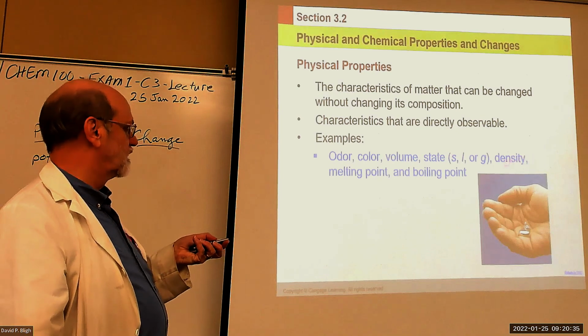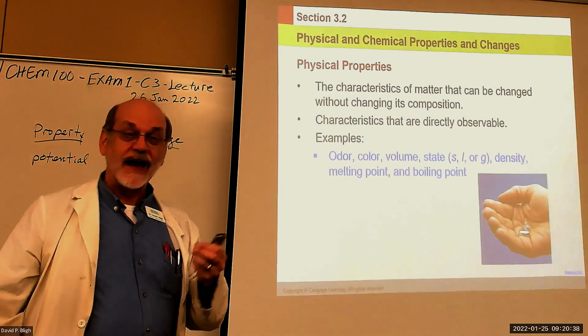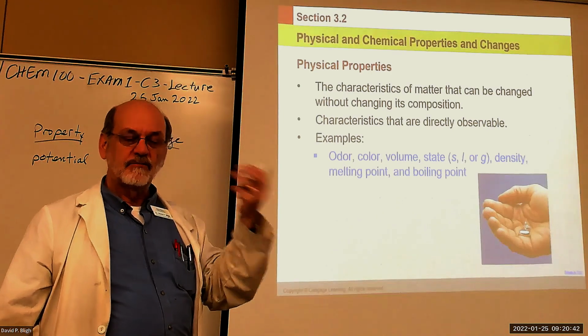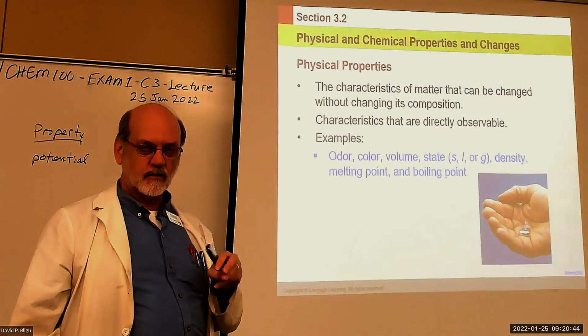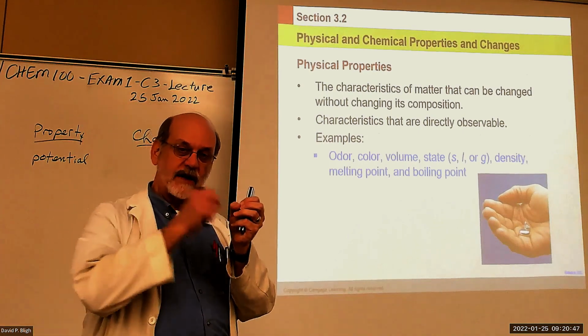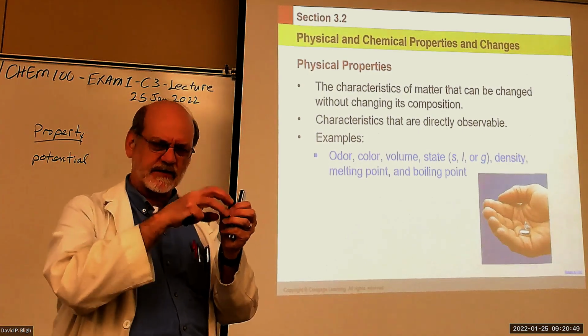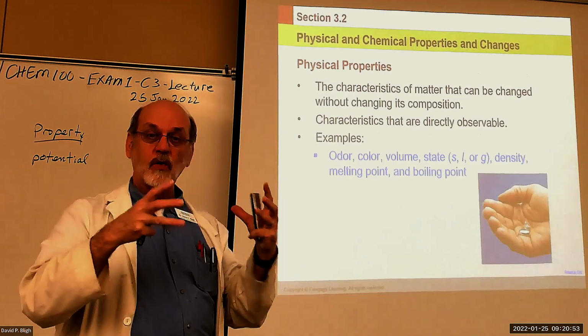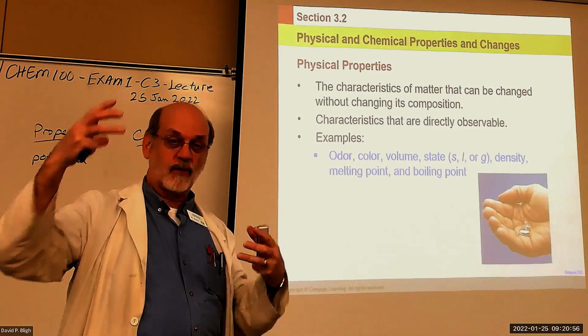Its state, its density. We haven't defined density yet, but density is mass per unit volume. In other words, if I have this amount of mass of something and it weighs a certain amount, it has a mass of a certain amount. And then if I have more of that substance, then it will have more mass.